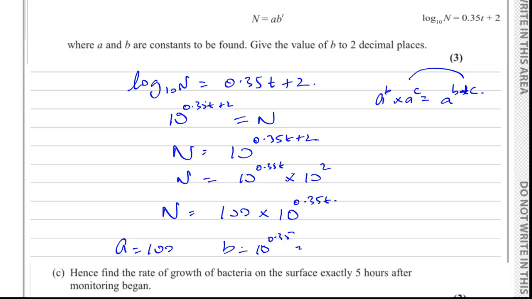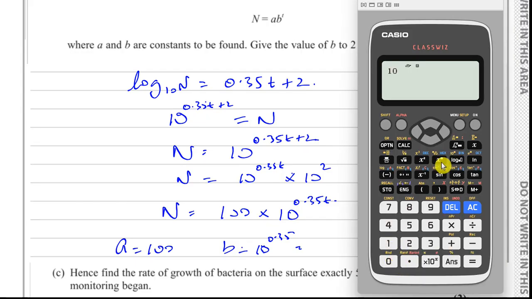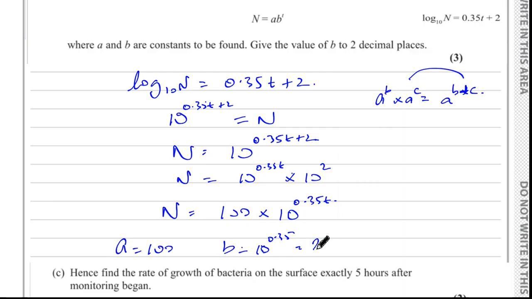So let's work that out. We have 10 to the power of 0.35, which gives us 2.23872.